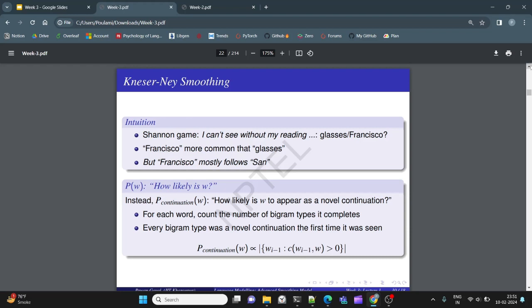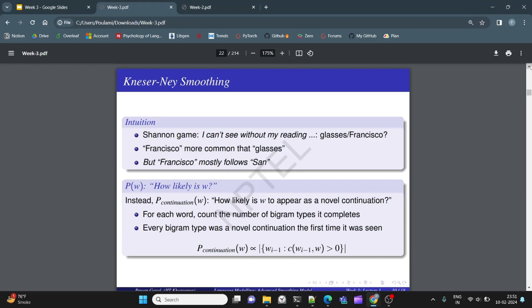Say we are given two options, glasses and Francisco. From here, how do we understand which is a better option? We know that glasses is a better option, but the language model needs to make the prediction based on the statistics that are there in the corpus.